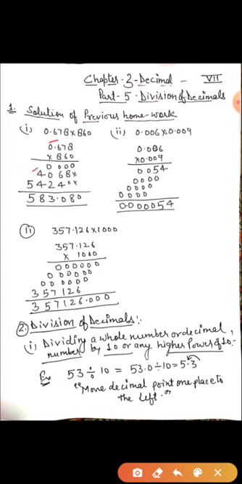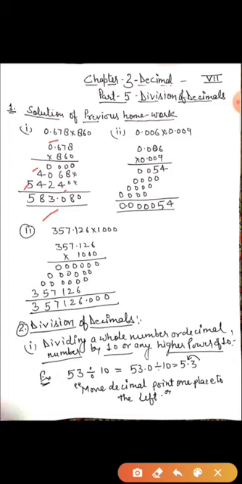Now 8 times 8 is 64, write 4 here, carry 6, 8 times 7 is 56, plus 6 is 62, and then 8 times 6 is 48, plus 6 is 54. Add all the numbers: 0, 8, 6, 4 makes 10, then 2 plus 1 is 3, 4 and 4 is 8, and then 5. After the addition, we can place the decimal.